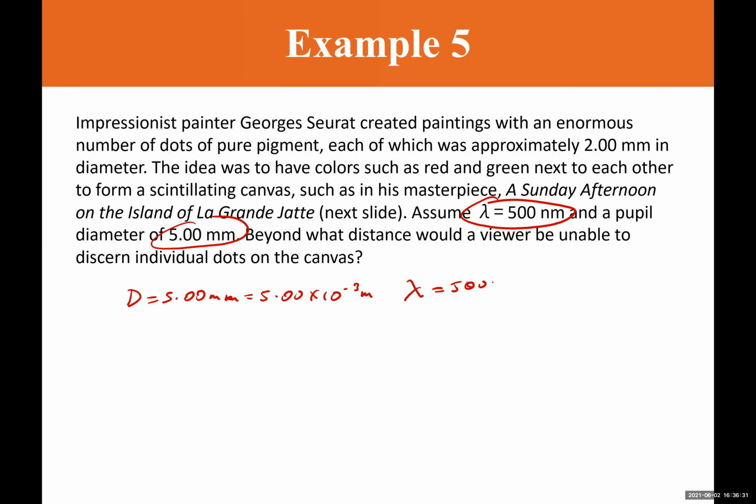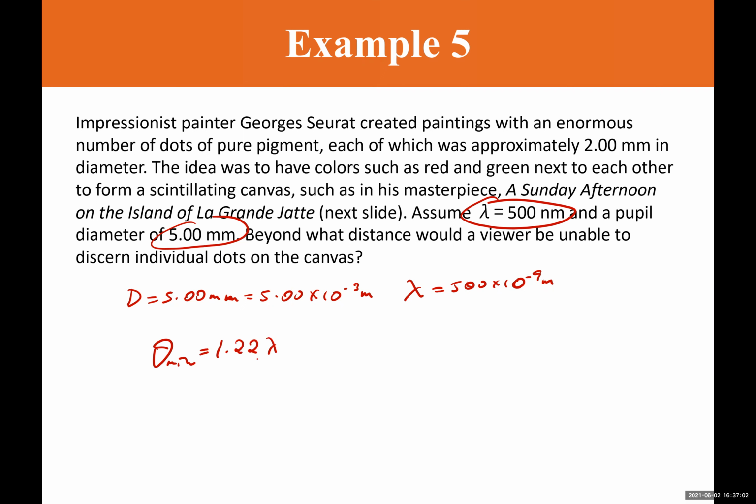Wavelength is 500 times 10 to the negative 9 meters, and we want to find the distance. When the pupil is wide open, the resolving power of human vision appears to be limited by the coarseness of the light sensors on the retina.